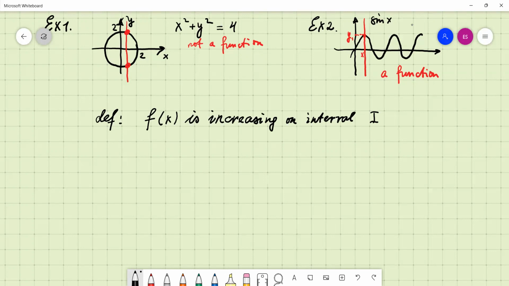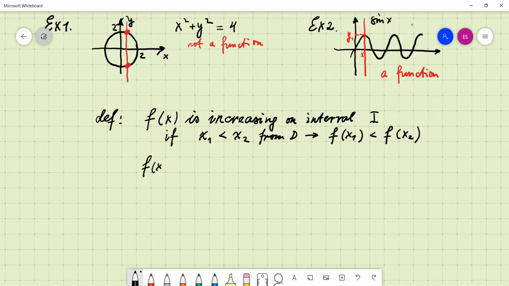So that's why I label it I. If for any x1 less than x2 from the domain it follows that f of x1 is going to be less than f of x2.